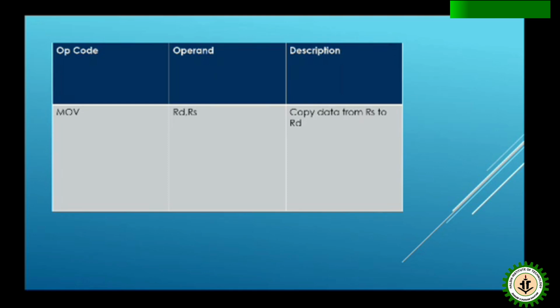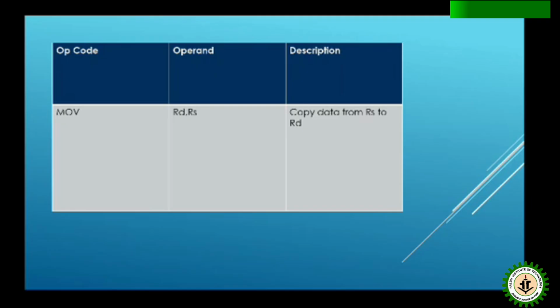Just for a recall, 8-bit registers, most registers that are user accessible are 8-bit registers, as it is an 8-bit microprocessor. Its general purpose registers are B, C, D, E, H, L. These 6 general purpose registers are of 8 bits.